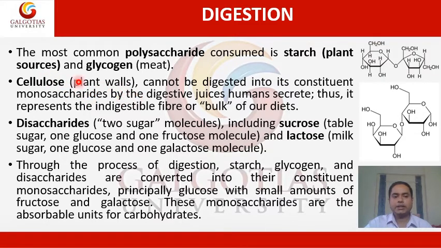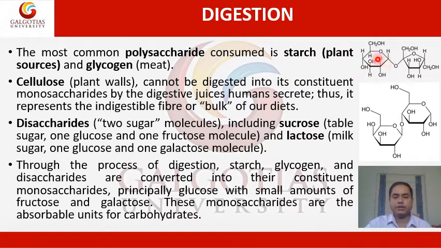Hence, cellulose is represented as the indigestible fiber and bulk of our diets. The disaccharide, which is two sugar molecules, includes sucrose, also known as table sugar.